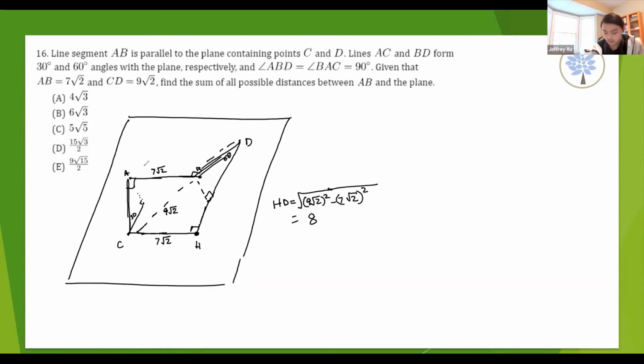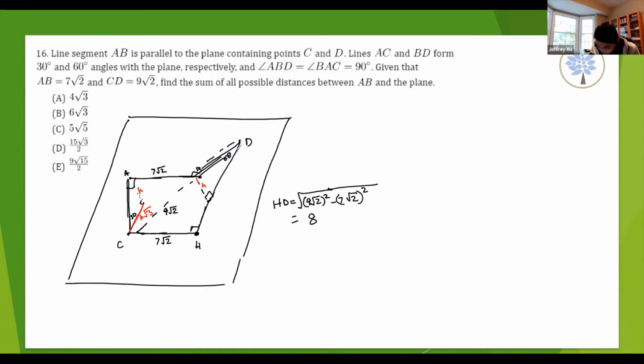So now let's try to find the height that AB is above this plane. If we call this height h, then we know that this segment over here, this red line, is going to be h root 3 because we have a 30, 60, 90 triangle over here. And if we look on this side, then we have another 30, 60, 90 triangle.